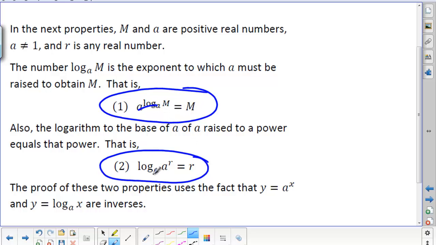So m equals m. Same thing here, log base a of a to the r power. Taking a base a logarithm and dropping an a to the r inside of it, the logarithm and the base a to the power cancel out.